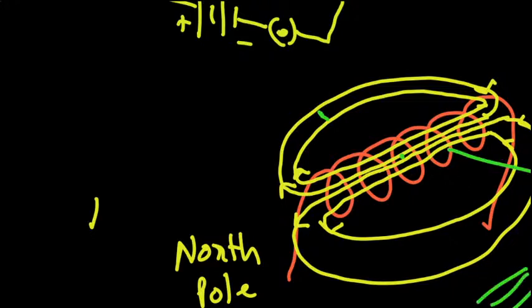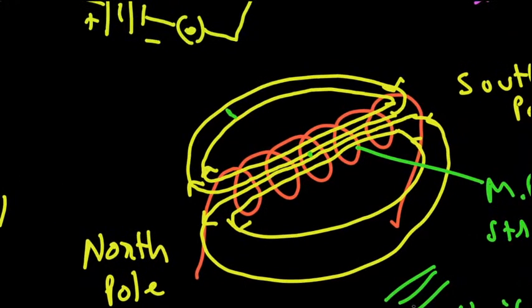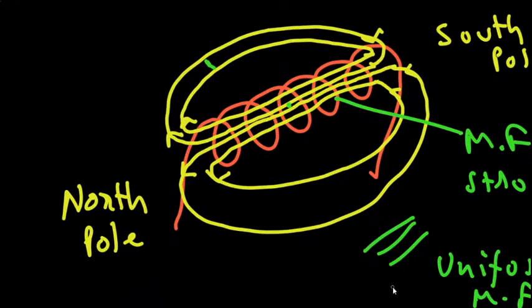So the magnetic field inside a solenoid is uniform and very strong. Everybody understood?